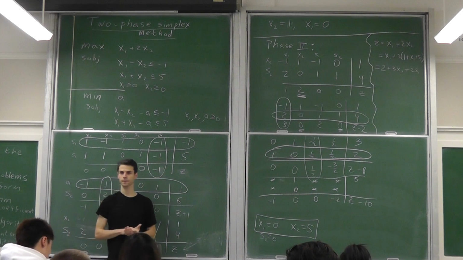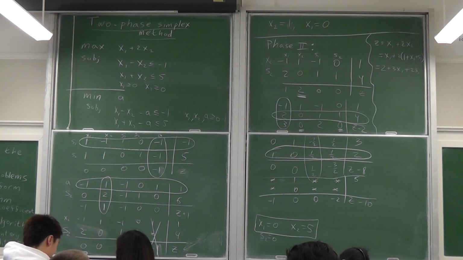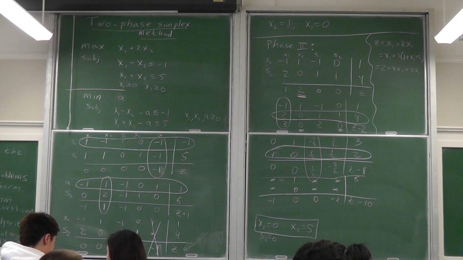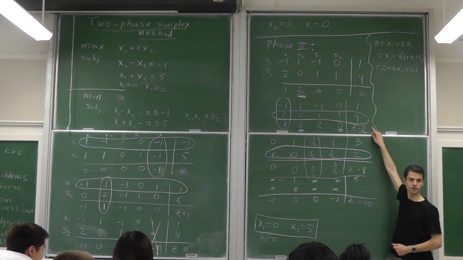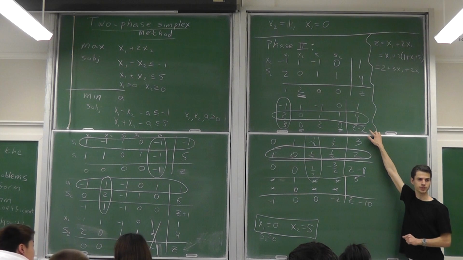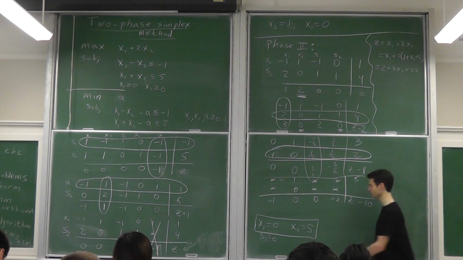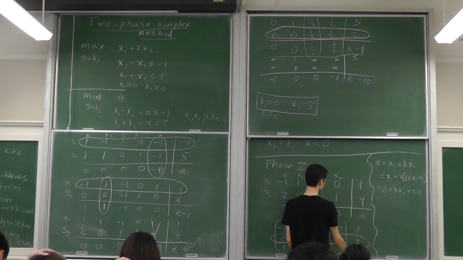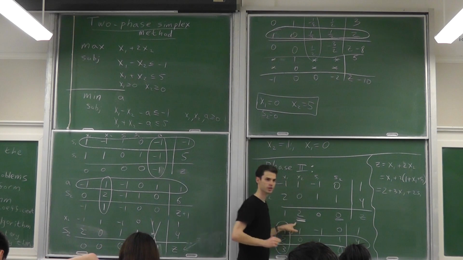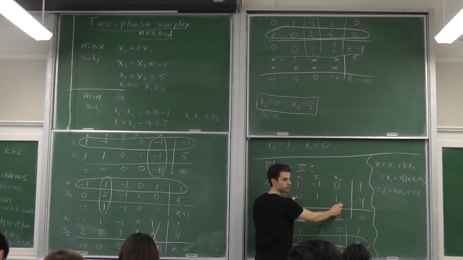Okay, other questions? Yeah. In the first phase, you choose the pivot row which corresponds to the most negative entry in the last column, whereas in the second phase, how do you choose the pivot row there? Here the first step was not about performing a pivoting. I only changed one row. I didn't change anything in the basic dictionary. I only changed the expression for the objective function. I looked at these two numbers and wanted to make sure that they are both 0, because I want x2 and s2 to be basic variables.